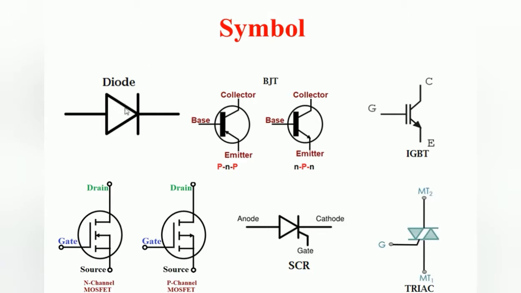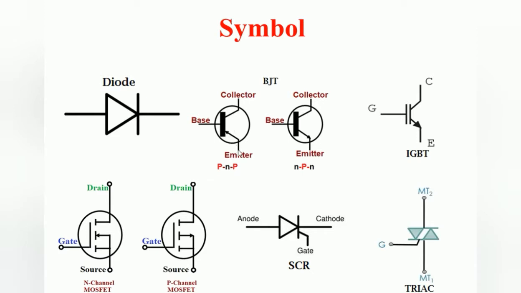The diode is represented by this symbol. This is called the anode, and the line represents the cathode. For the BJT, there are two types: bipolar junction transistors, PNP transistor and NPN transistor. Here we have three terminals: base, collector, emitter. The arrow mark represents the current flow direction.